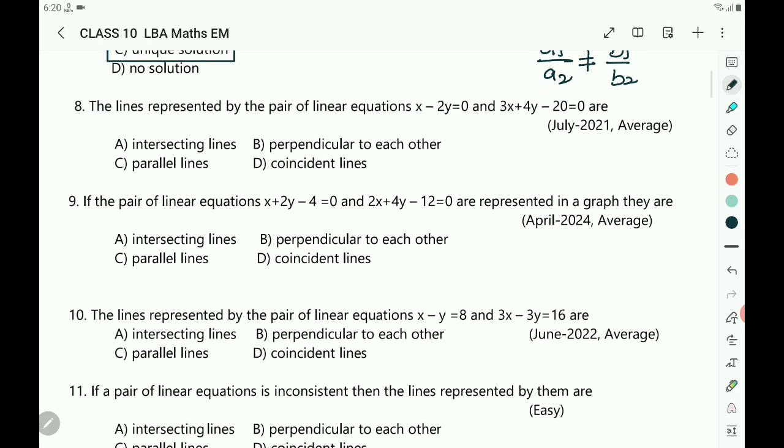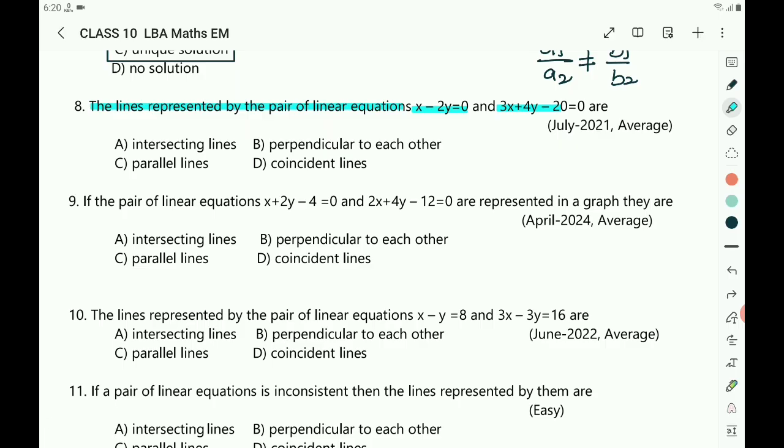Next question. Question number 8. The lines represented by the pair of linear equations x minus 2y equals 0, 3x plus 4y minus 20 equals 0 are: intersecting lines, perpendicular to each other, parallel lines, coincident lines. Again we have to verify A1 by A2, B1 by B2, C1 by C2.